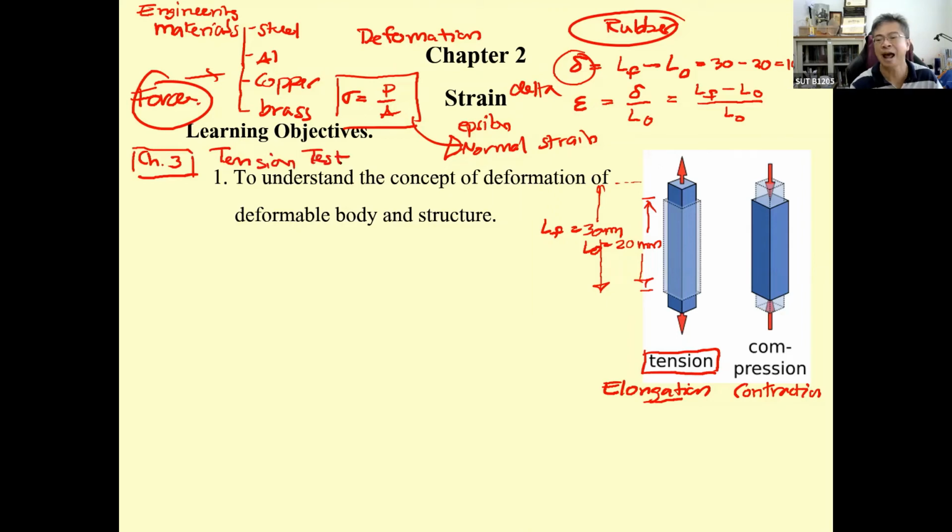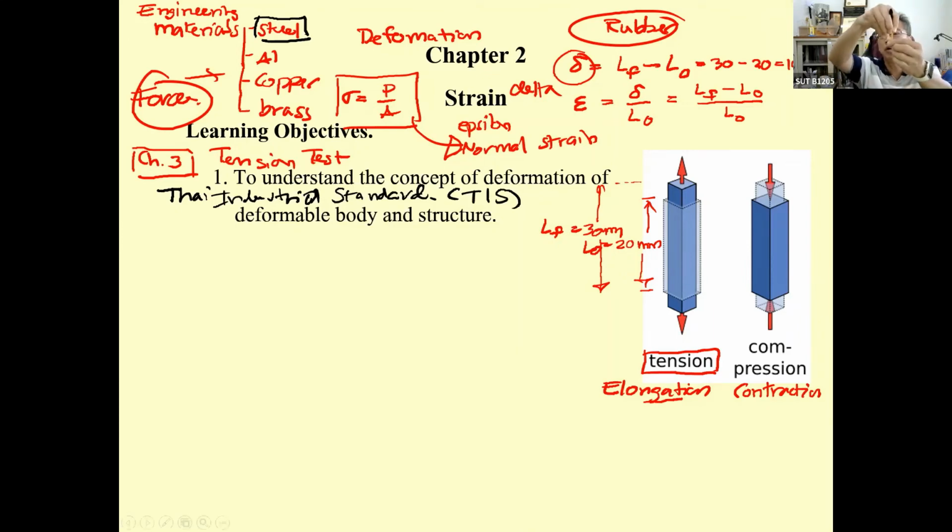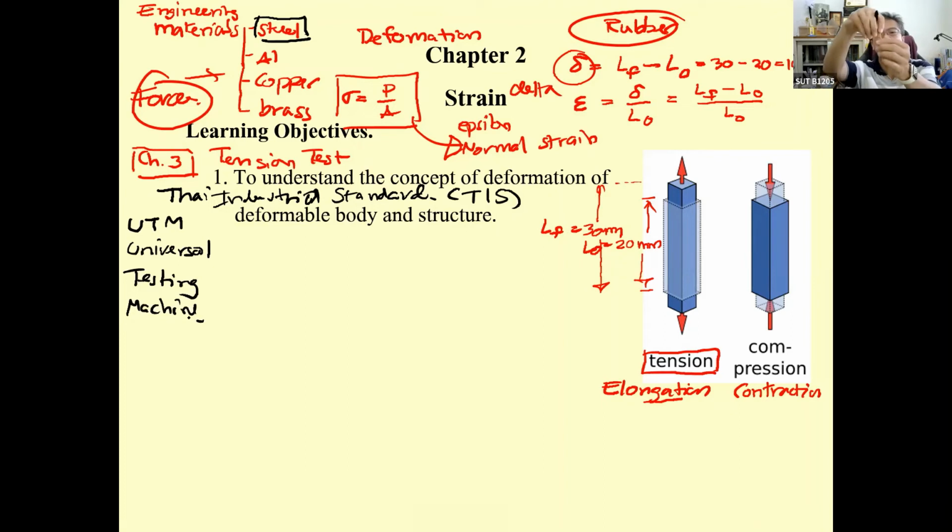Tension test in the lab. The tension test for steel must follow the Thai industrial standard, or if you go to your country, you must also follow your country's standard. Then we put this sample into the testing machine, which we call the UTM, universal testing machine.